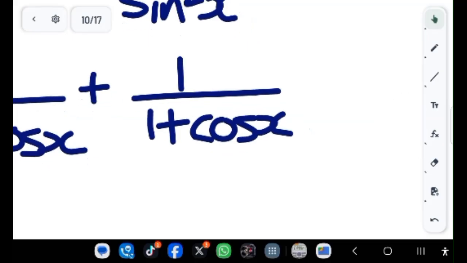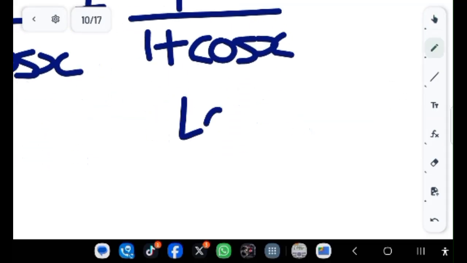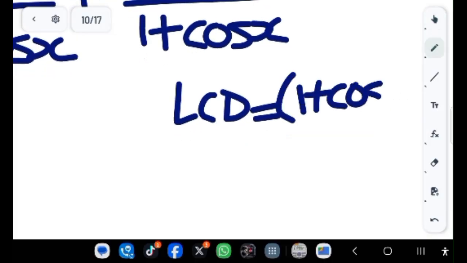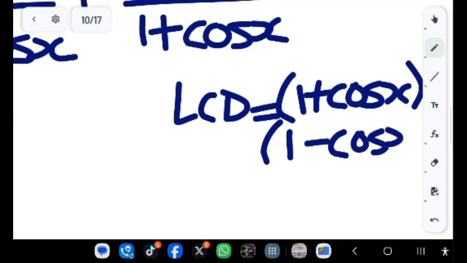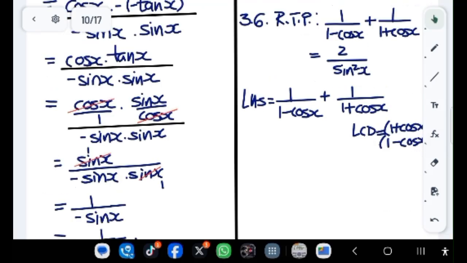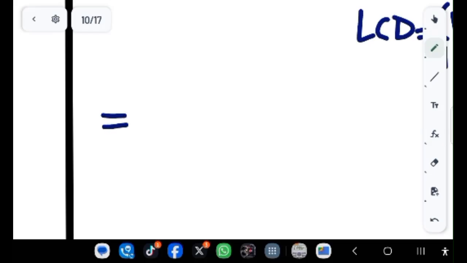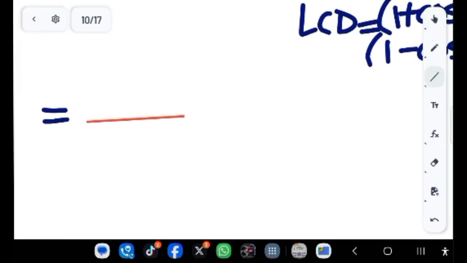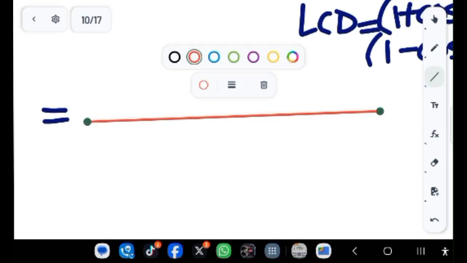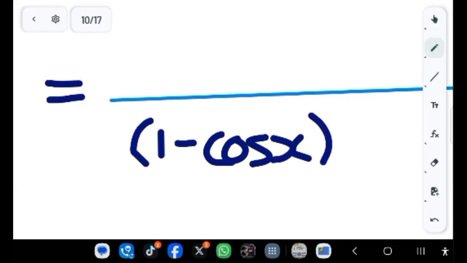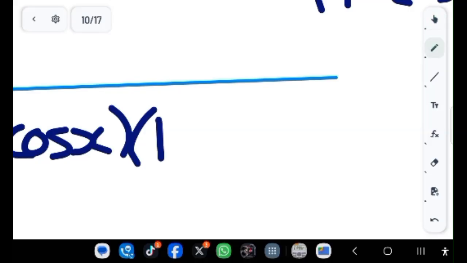So we find the LCD. The LCD simply equals the product of the two, 1 plus cos of x times 1 minus cos of x. So what you do now is you multiply this all over the LCD.